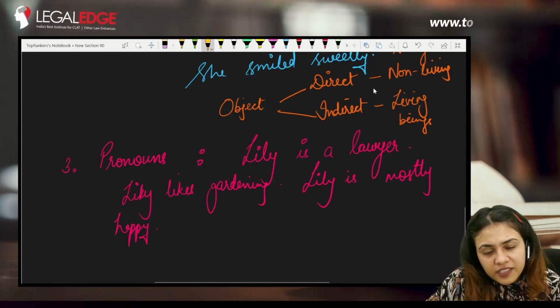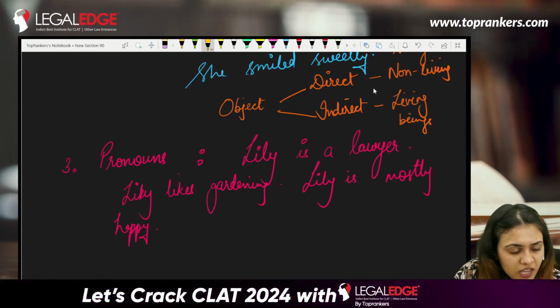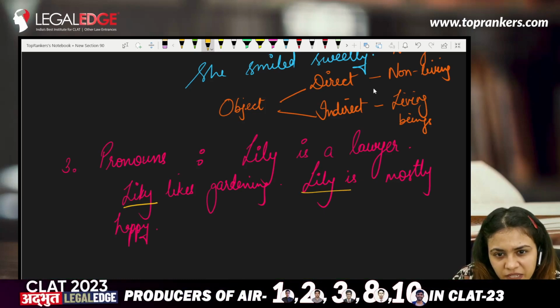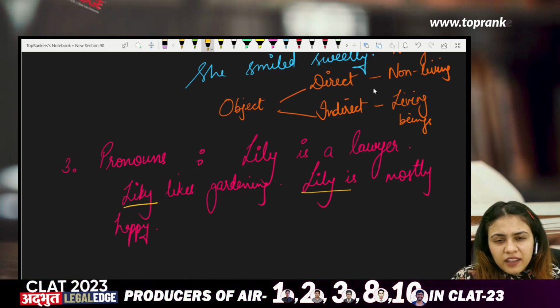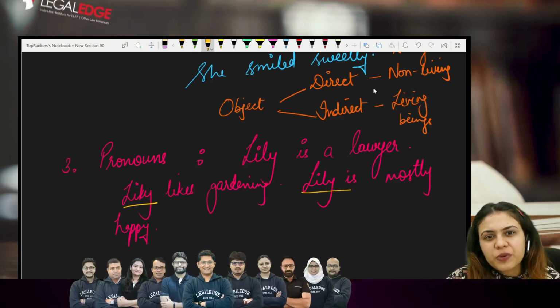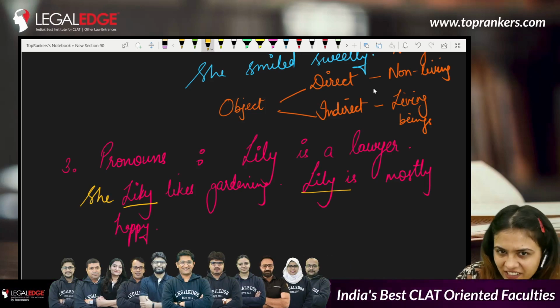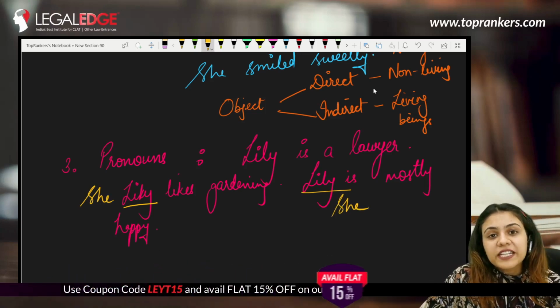Okay, in the first statement, which is the introductory statement, I will not make any changes. But here, I could have definitely made some changes, right? Because, taking the name Lily again and again makes the sentence a little strained. So I would say Lily is a girl, so she sounds better, right? She likes gardening, she's mostly happy.